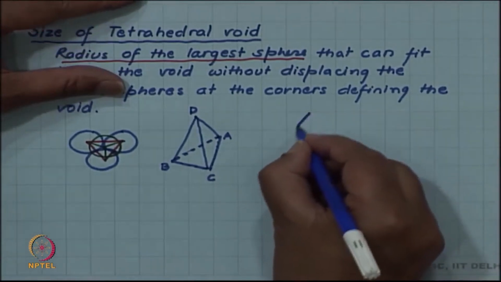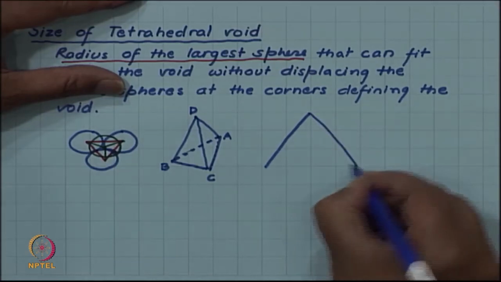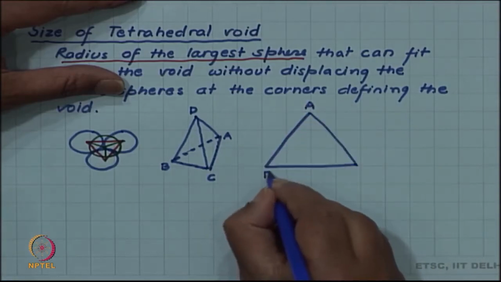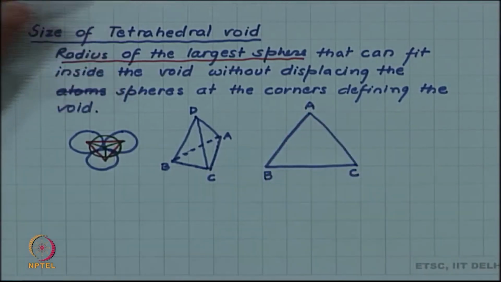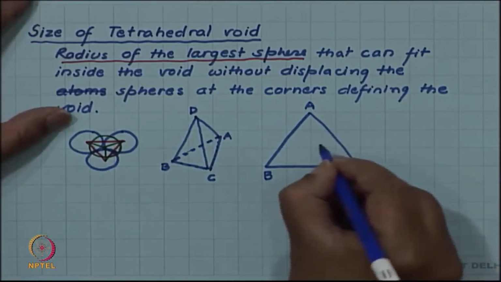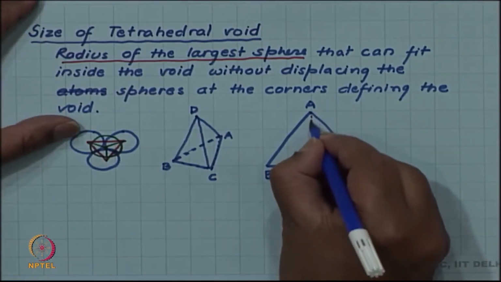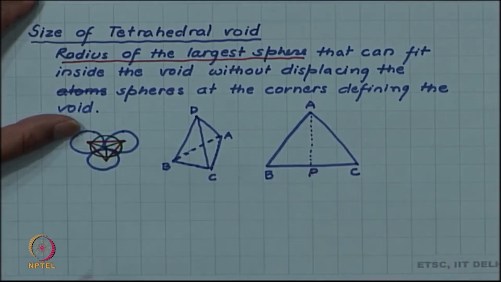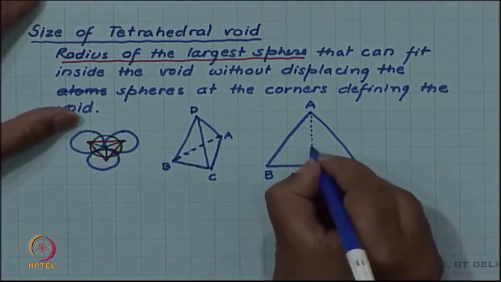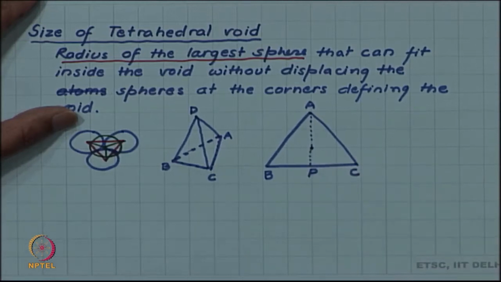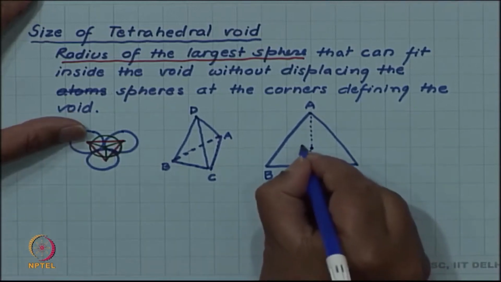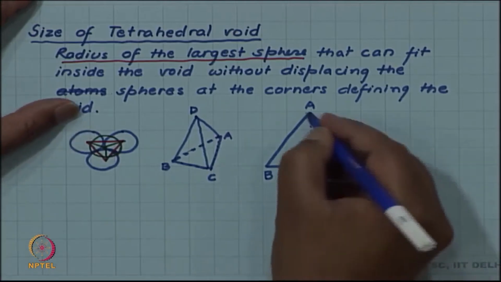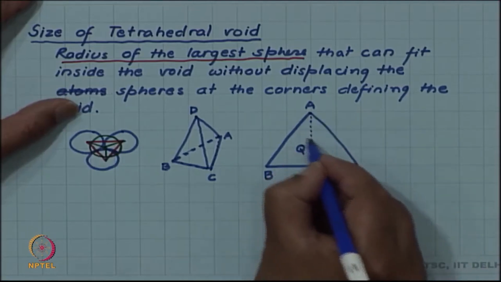Let me draw the base triangle ABC, and let me drop a perpendicular from A to the other side, AP. The centroid of the triangle will be on AP at some point Q, which divides the height AP in a ratio 2:1.